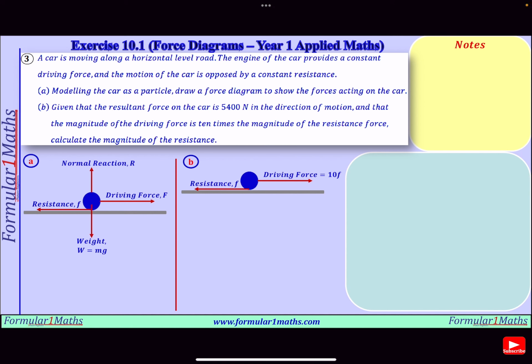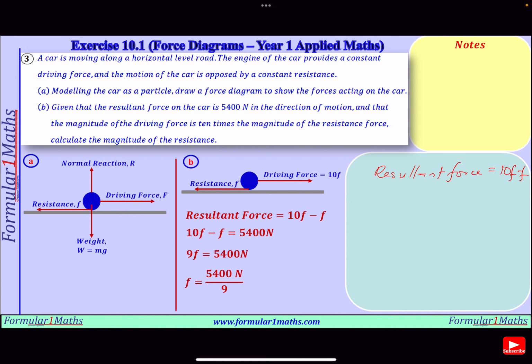And that resultant force will be equal to 10F minus F. But we are told that the resultant force is equal to 5,400 newtons. And so we can now solve for F. And then that will be 9F equals 5,400 newtons. So for F, that gives 600 newtons.